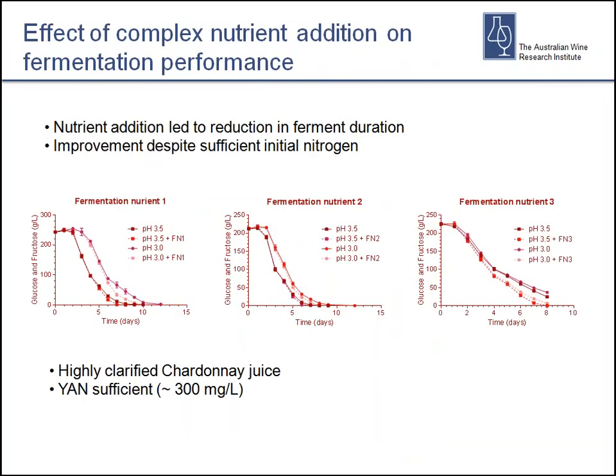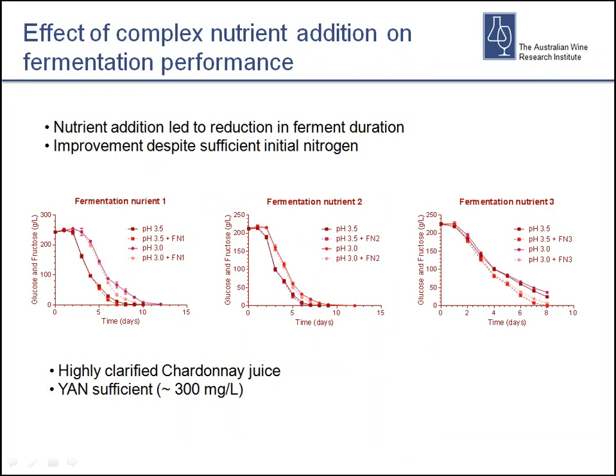Again, we tested how use of these nutrients impacted on fermentation performance in a highly clarified YAN sufficient must. We also looked at them in musts of 2 different pHs. In all cases, there was a small but significant performance benefit to the use of these nutrients, and this is most obvious for fermentation nutrient 3.